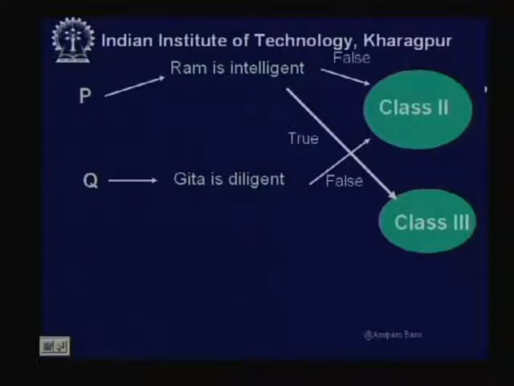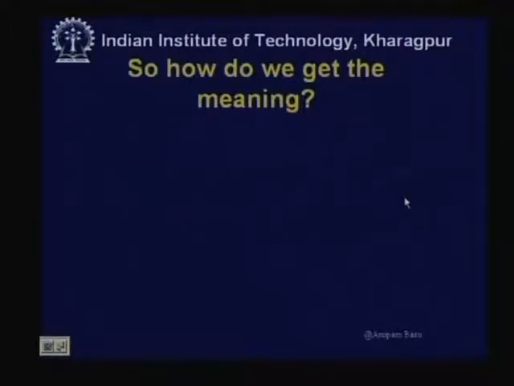But Ram is intelligent, there is a Ram also in class 2. That Ram is not that intelligent. So, that evaluates to false. Similarly, Geeta is diligent evaluated to true for the Geeta that was in class 2, but if I interpret for the Geeta which is in class 3, she is also intelligent. Okay. So, both of them are intelligent. Okay, fine. All right.